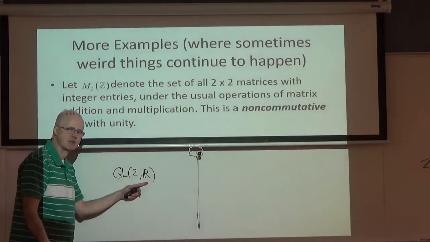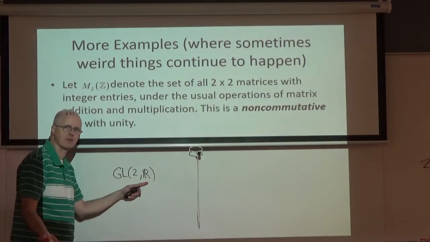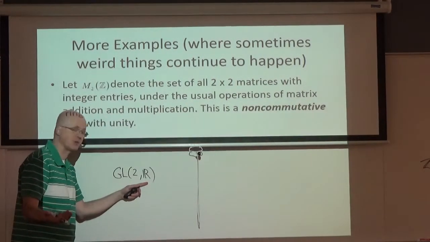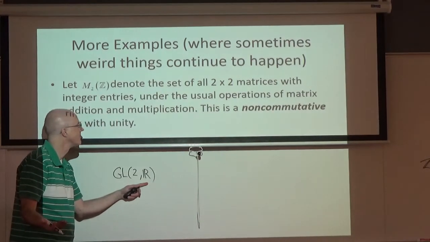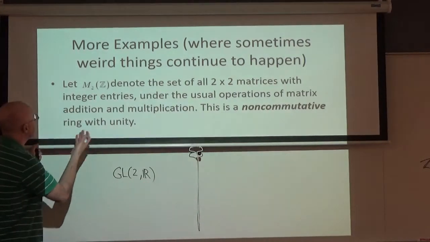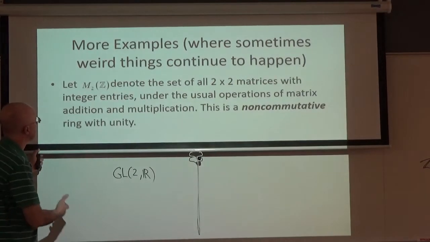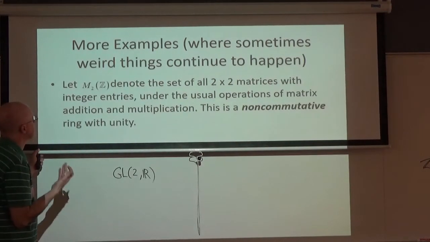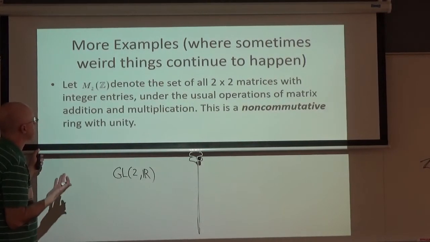The operation was matrix multiplication. The determinant being non-zero meant that the multiplicative inverse would exist. Here, there's no condition about the determinant. Any 2 by 2 matrix with integer entries is part of this ring.